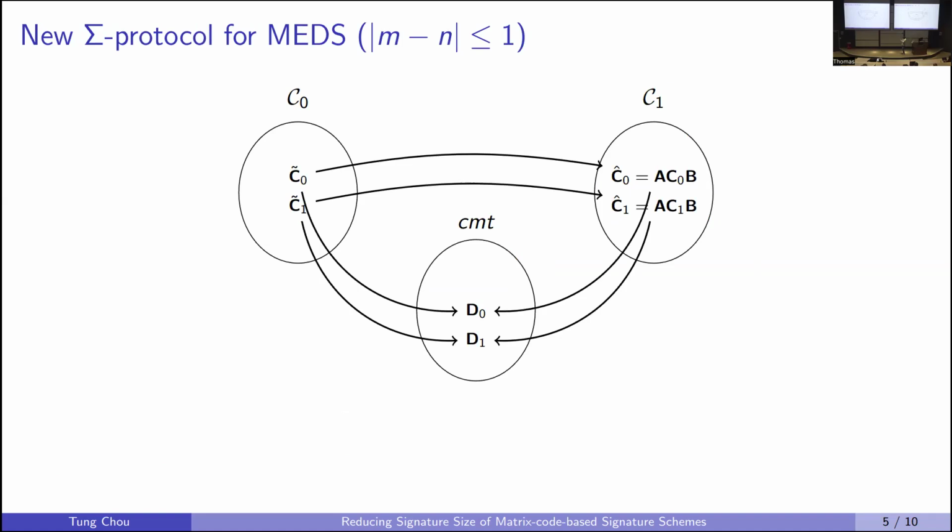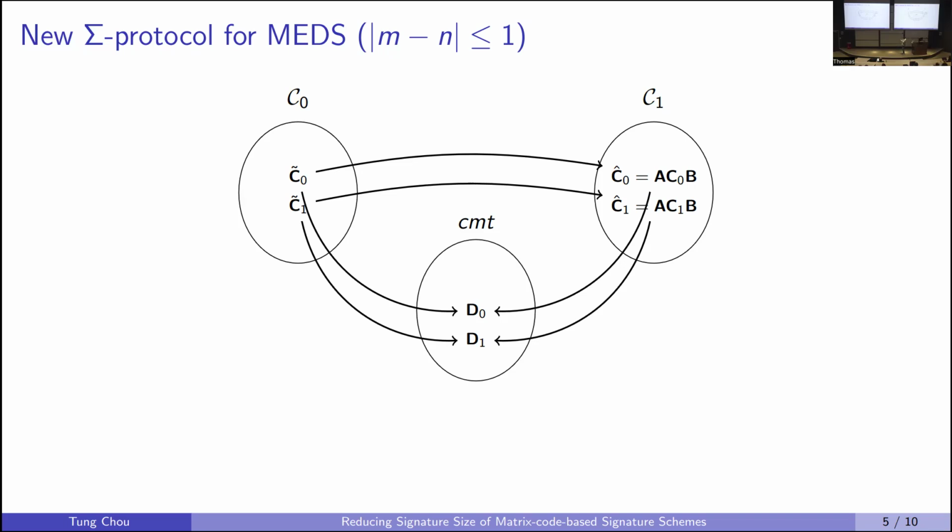So this is the resulting Sigma protocol if you really do this. To generate the commitment, the prover is going to generate C tilde 0, C tilde 1 in the code C0. Then it also generates a random D0 and D1 that are going to lie in the commitment, although we don't know the commitment at this moment.